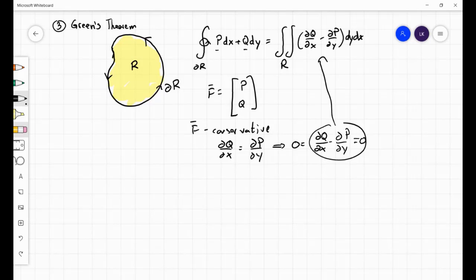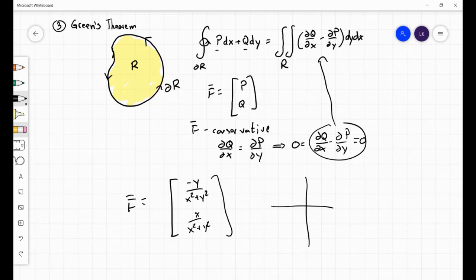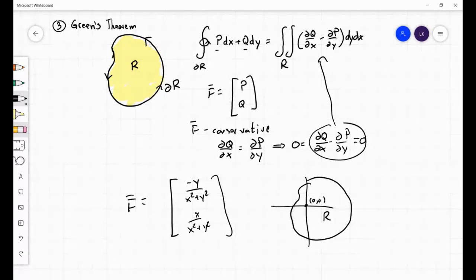So if you had a vector field like, just some classic examples, I guess. You couldn't apply Green's theorem if your region contained the origin, right? Because then your function blows up. So Green's theorem would not apply.